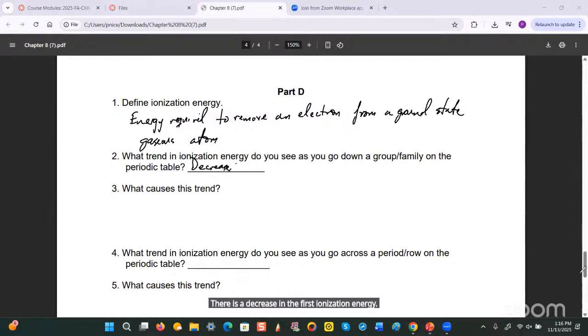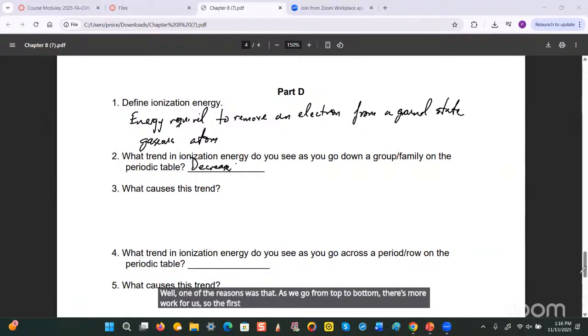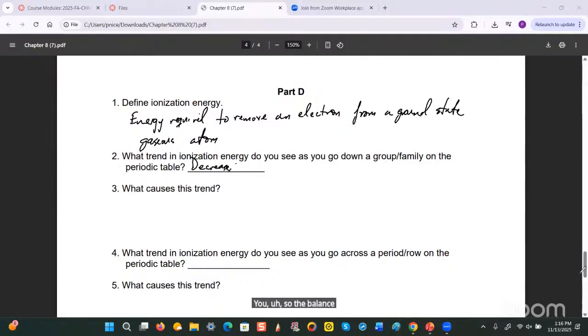One of the reasons is that as you go from top to bottom, there are more overall electrons and more shells, so the valence electrons are getting further from the nucleus. Yes.